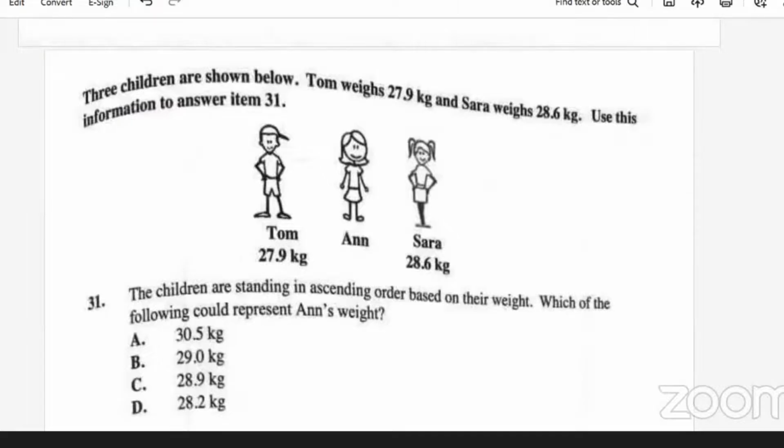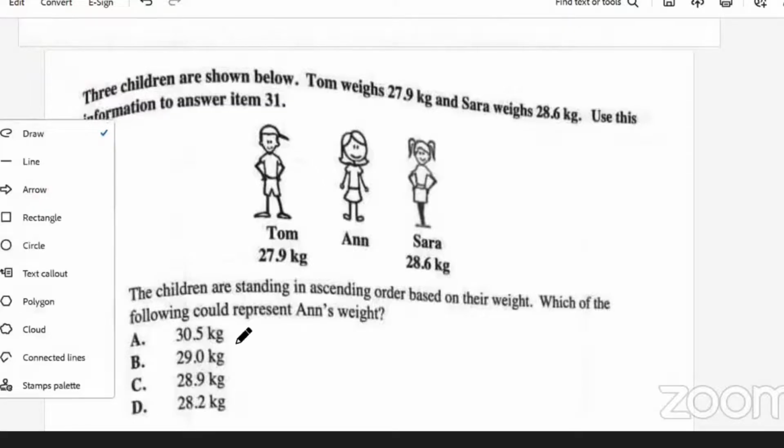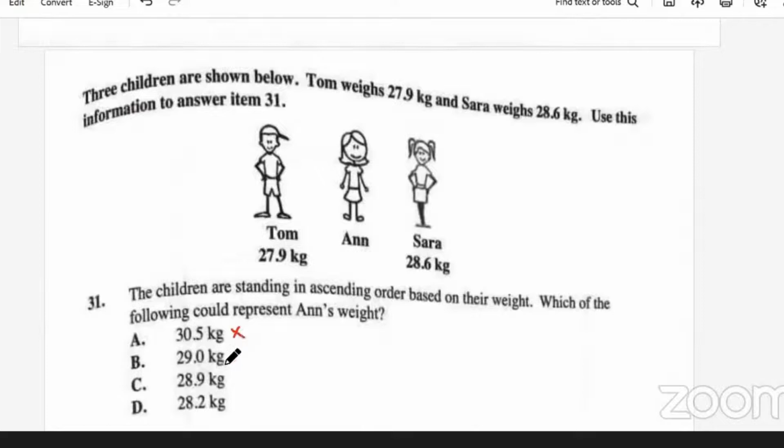So Anne's weight should be somewhere in the middle between the two. So it's not the lowest and it's not the highest. It could not be 30 because that would be more than all the kids, and she doesn't weigh the most, so that's incorrect. It could not be 29. 29 is also more than both.